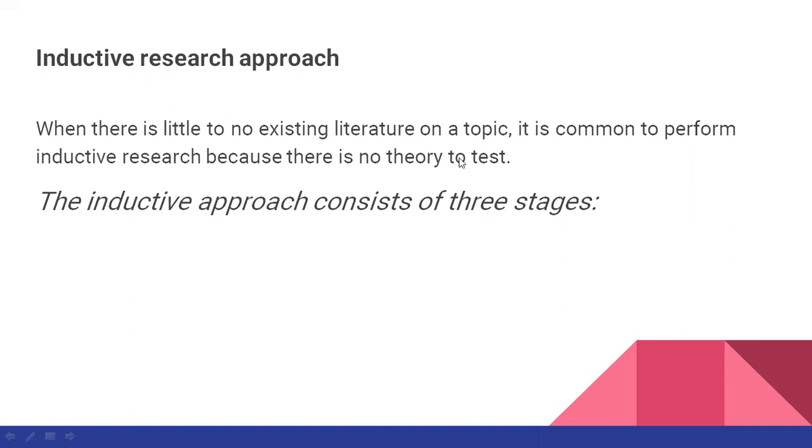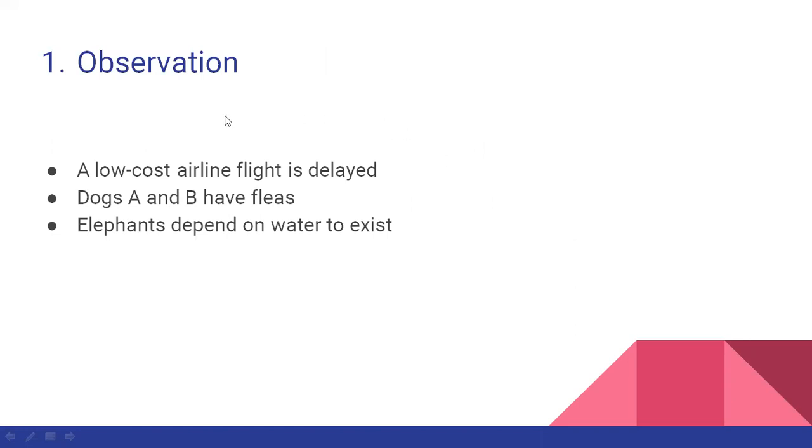To do so, we have to cross three stages. The first one is observation. Here I am going to discuss this stage with some examples. In the case of observation, I have cited three examples. A low-cost airline flight is delayed. This is the observation you have made.